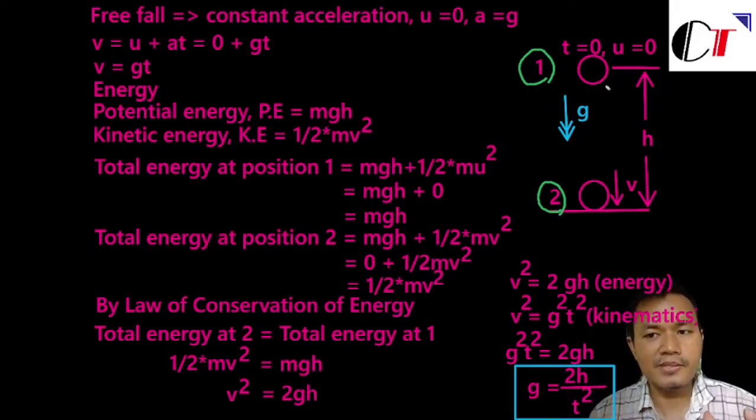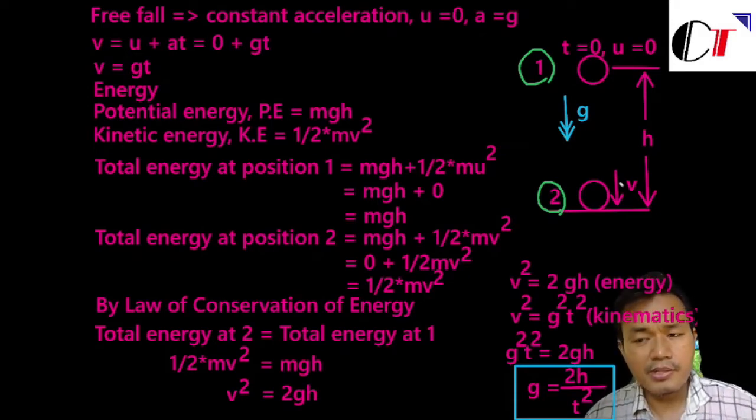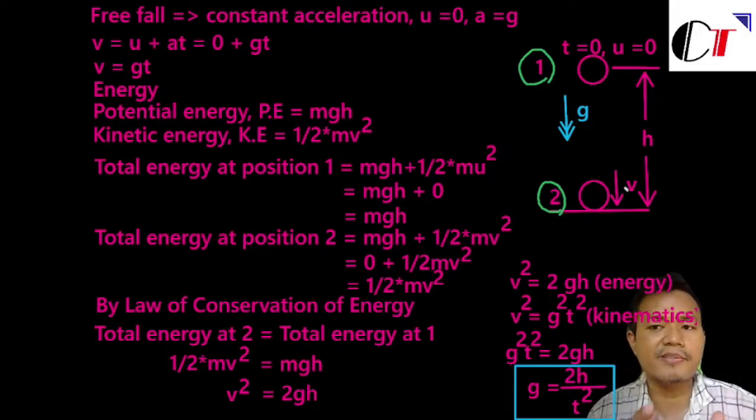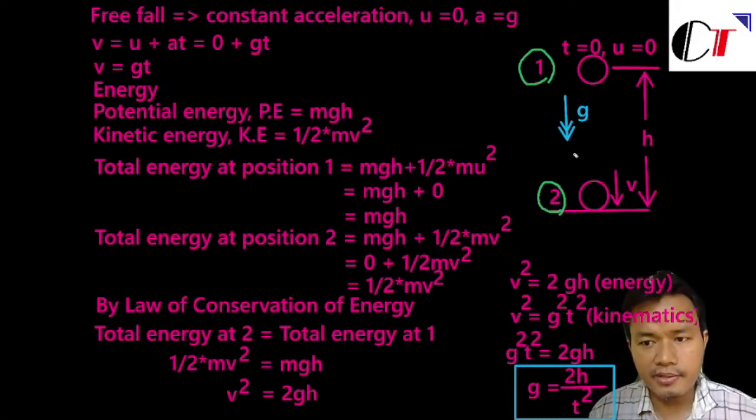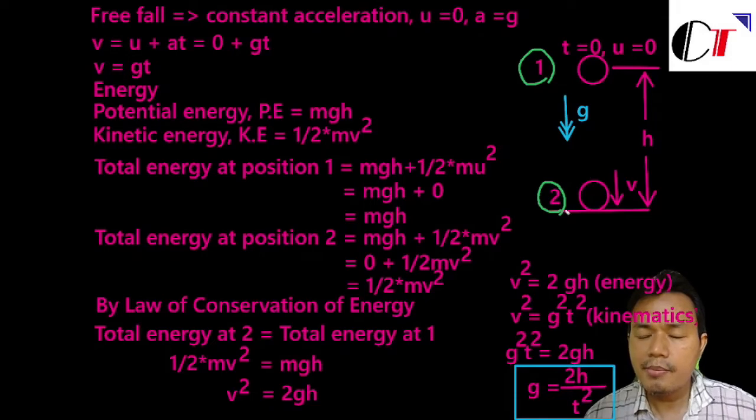Then the object will fall down to the earth under the influence of g, and g is vertically downwards, and as a result the object will accelerate because the motion direction, which is the direction of the velocity, is vertically downwards, and this is the same as the direction of the acceleration. So the object is accelerating, and position 2 is just before the object hits the surface of the earth. Of course at this point the velocity will be maximum.